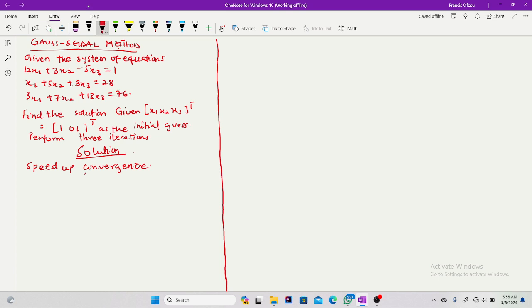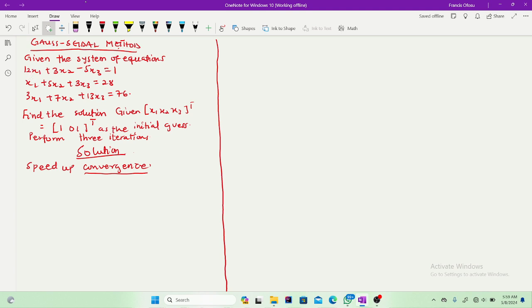So for the purpose of convergence, it's always advisable to make the unknown with the highest coefficient the subject.